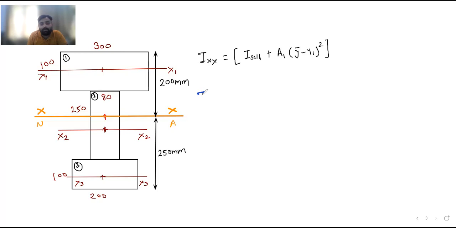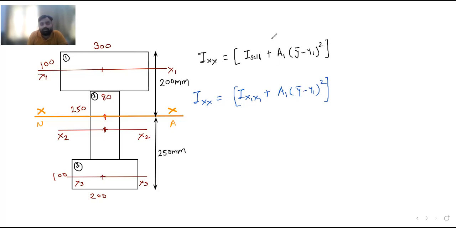I will write the formula. Ixx is equal to, by the parallel axis theorem, I x1 x1 plus a1 (y bar minus y1) square. This is for the first figure.